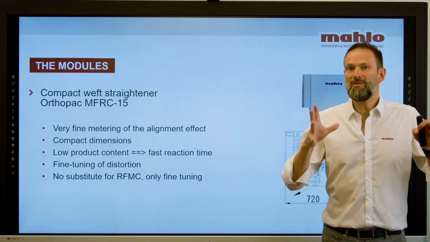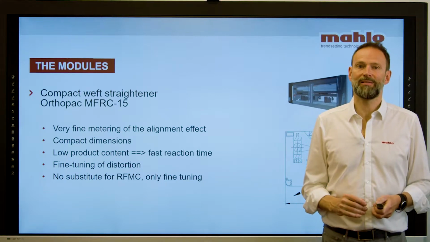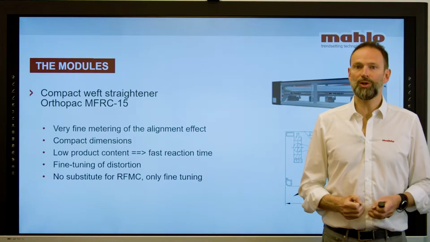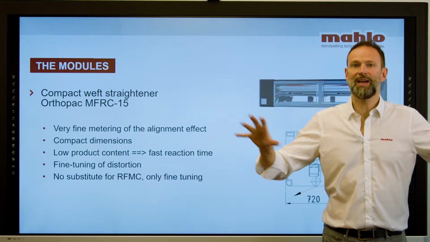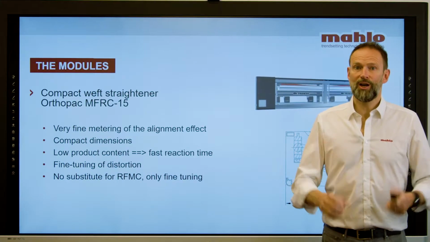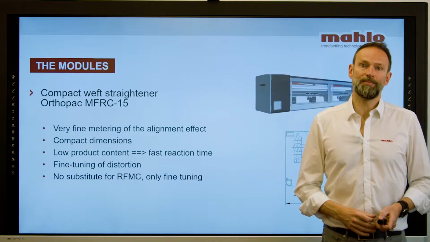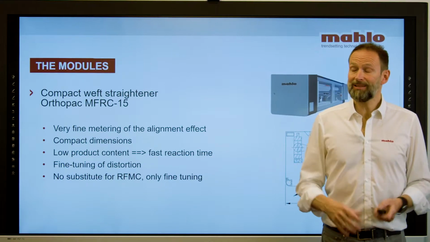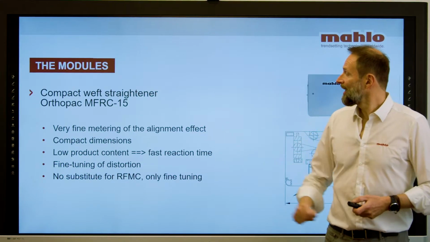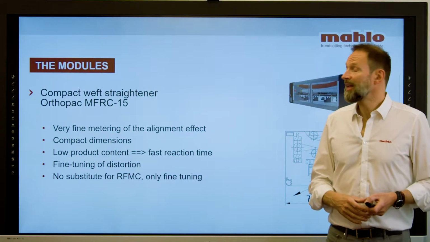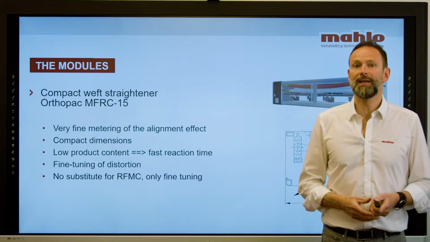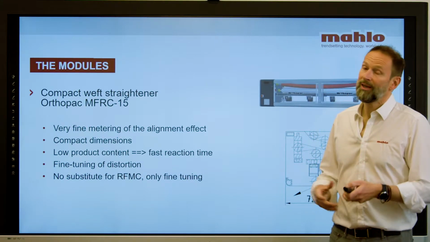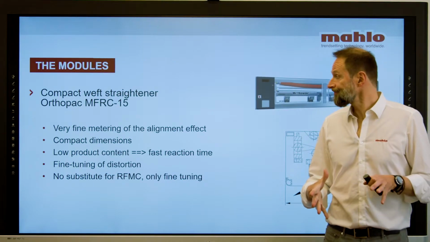This Weft Straightener is a very compact and very small unit which fits perfectly into the entry of your printing machine. Like that, we can guarantee a very fine metering of the alignment effect.